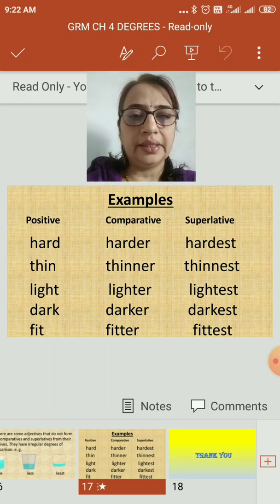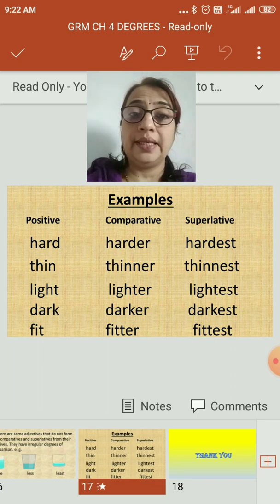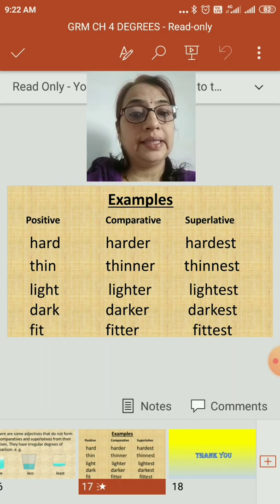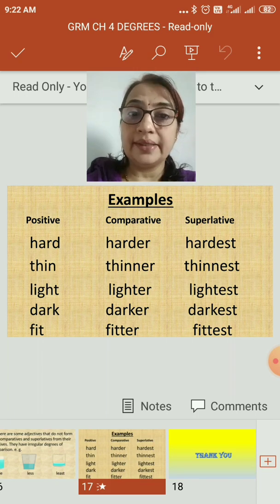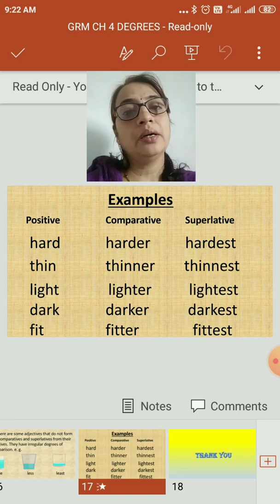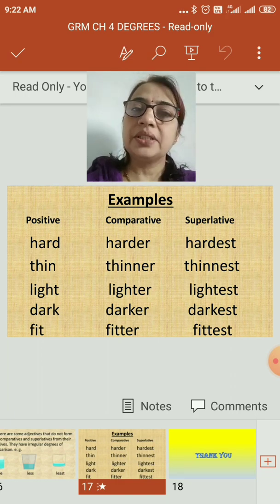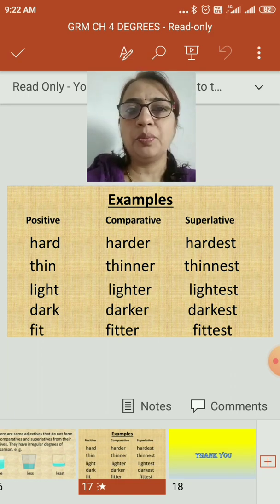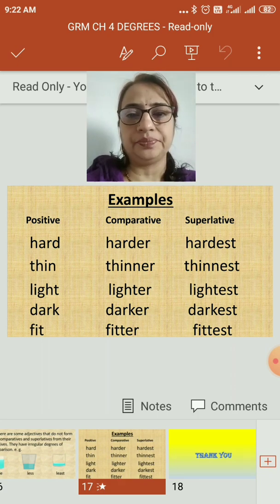Thin, thinner, thinnest. See the spellings. H-A-R-D hard, H-A-R-D-E-R harder, H-A-R-D-E-S-T hardest. We have added ER and EST to the positive word to change it into comparative and superlative degrees respectively.